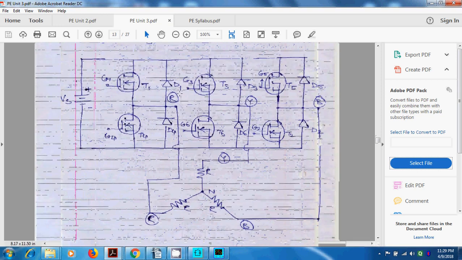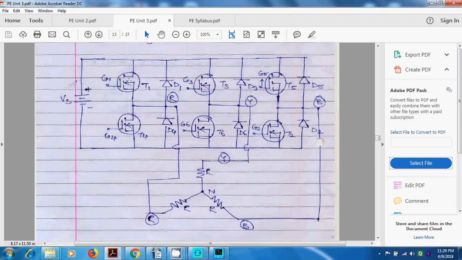It is a voltage source inverter, so the input is a DC voltage source, and we are using three pairs of MOSFETs: MOSFET 1 with diode 1 across it, then MOSFET 2, 3, 4, 5, 6, so 6 MOSFETs, 3 pairs.